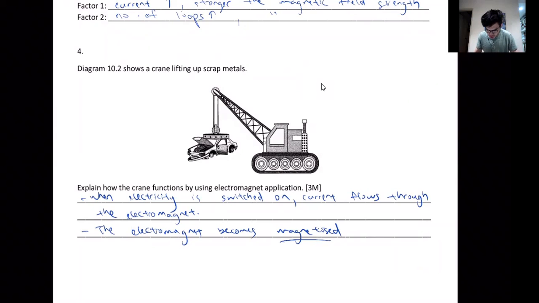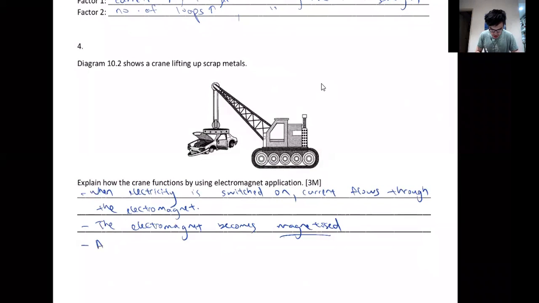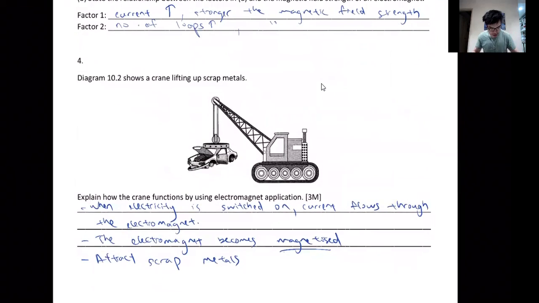Okay, so it will attract scrap metals. So 3 marks here. Okay, really easy. So this is the temporary magnet that we really like using because we can switch it off any time we like, and we can switch it on anytime we want. Okay, so easy peasy. So that's it for this chapter.